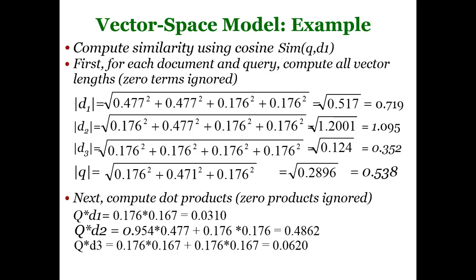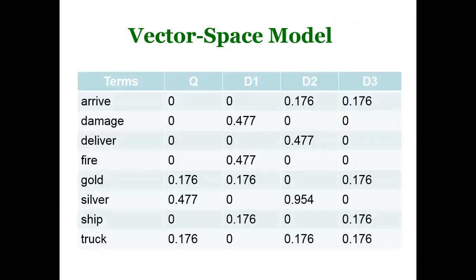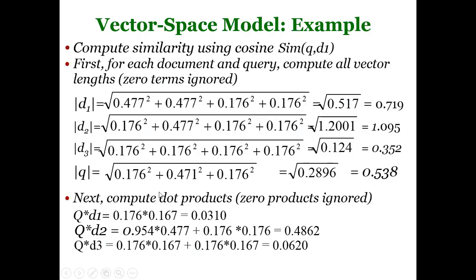If you calculate the length of the query, you will get what? Square root of 0, you can ignore, plus 0.176 squared plus 0.477 squared plus 0.176 squared. So for the query, just by taking only terms with numbers, ignoring zeros, you get the length 0.538.